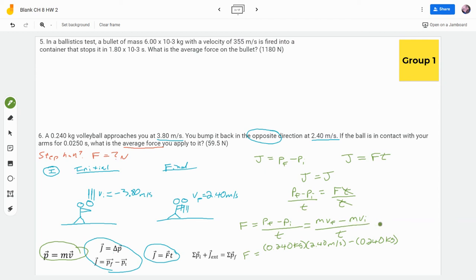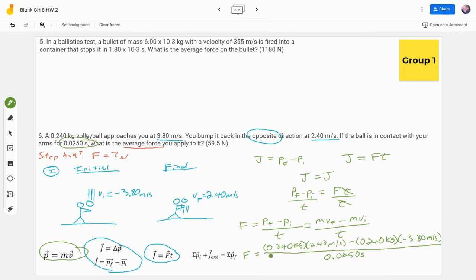Here's a little thing you need to catch. V initial is negative 3.80 meters per second. So positive times positive minus positive times negative, this is going to end up adding a positive term. And then all of this divided by T, and T is 0.0250 seconds.